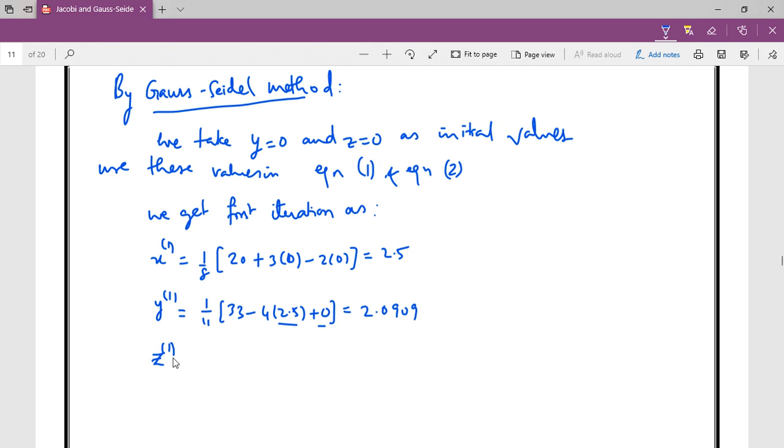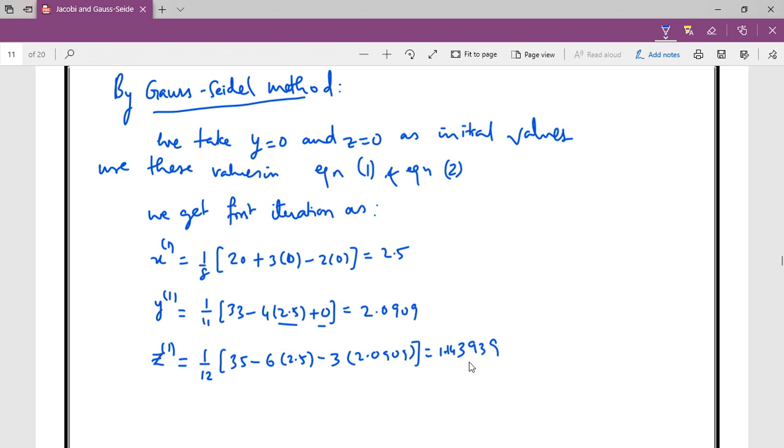Similarly, while calculating z1, we have used y0 and z0 in equations 1 and 2 only. Now this is the third equation. So z1 is 1 by 12 into 35 minus, we use x1 instead of x0, that is 2.5, minus 3 into 2.0909. So this gives 1.143939.